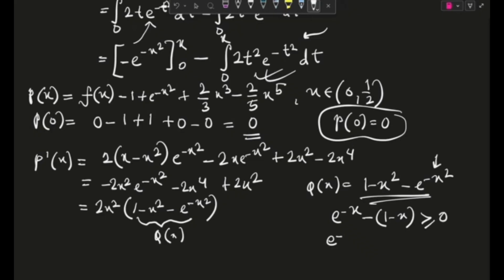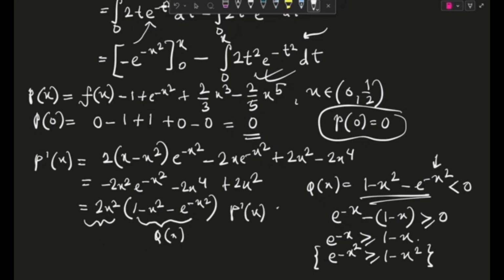So e power minus x is greater than or equal to 1 minus x. And from there we can say that e power minus x square will be greater than or equal to 1 minus x square. So basically the sign of this is negative, and 2x square, x square is a square, so always a positive quantity. Therefore this complete expression is less than 0, which means our p of x is a decreasing function.